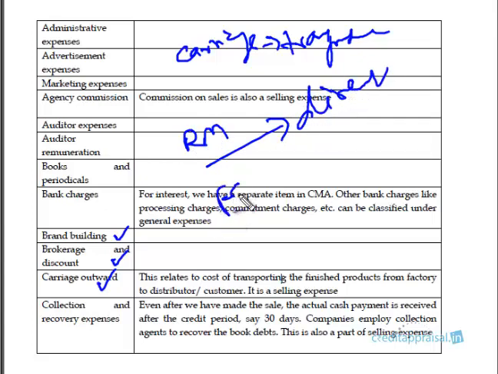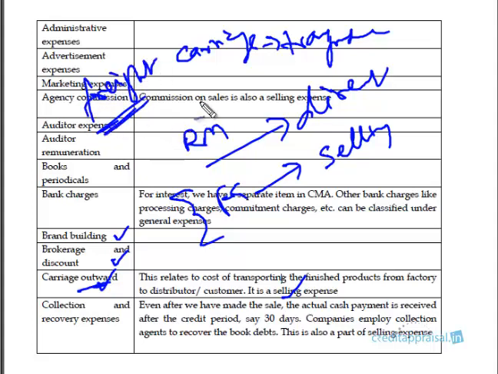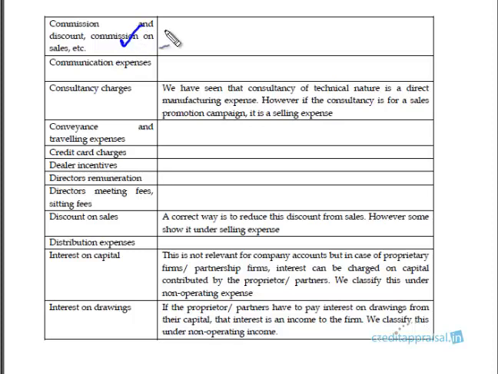While we transport the complete finished goods to the warehouse or to the customers, it is a selling expense. So you have to see what this is. Whenever you see the term outward, carriage outward, it actually refers to the transport of finished goods. So this will be a selling item, right? This is a selling expense. The term freight, if it is used, actually refers to carriage inward. So commission and discount, commission on sales, this is obviously a selling expense.